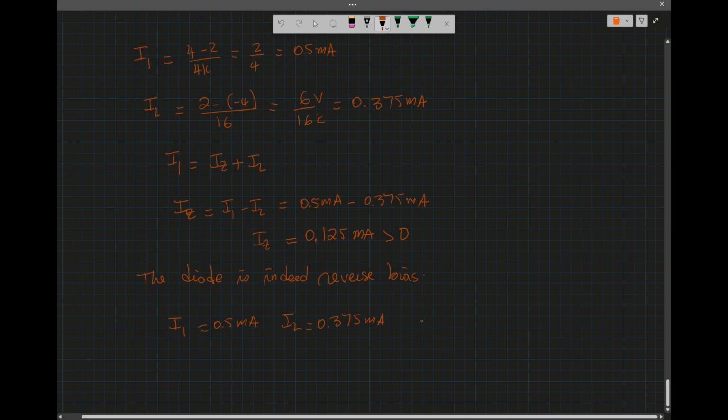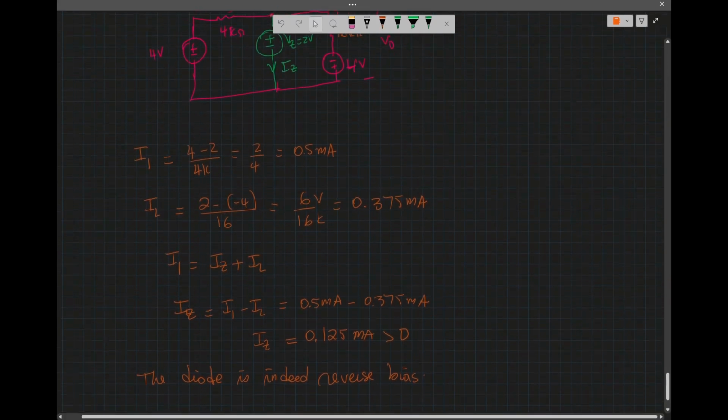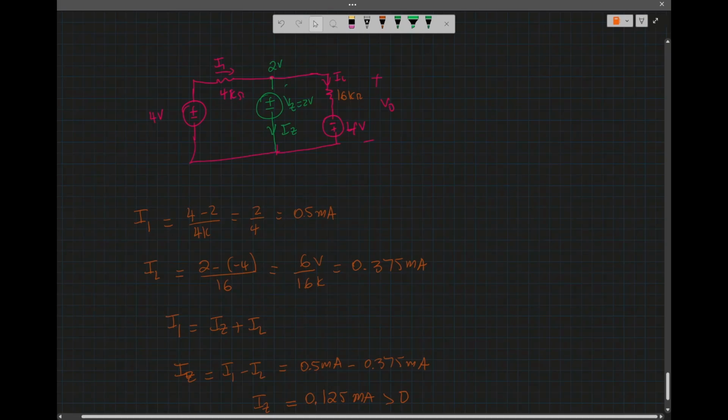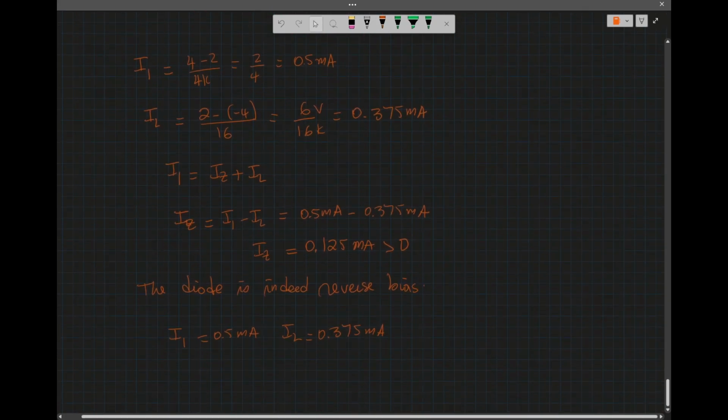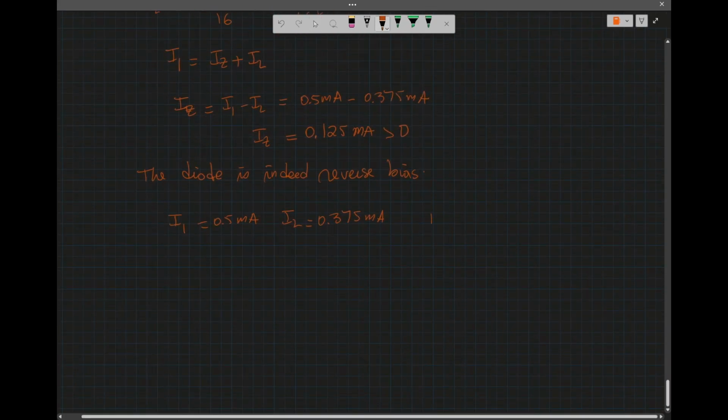So I know I, which is the current flowing against this, what we call I. So I equal to minus IZ, which is minus 0.125 milliamp.